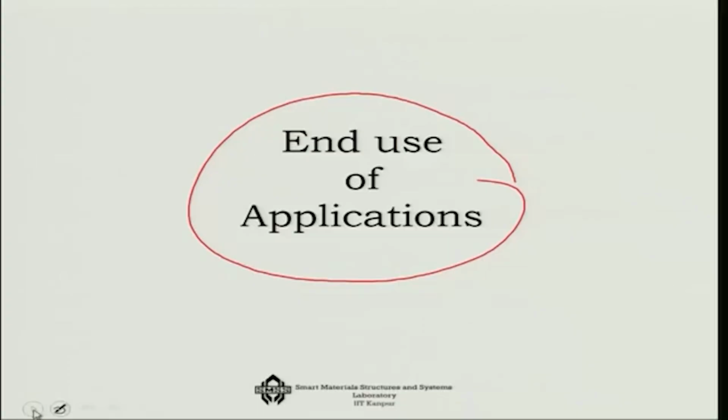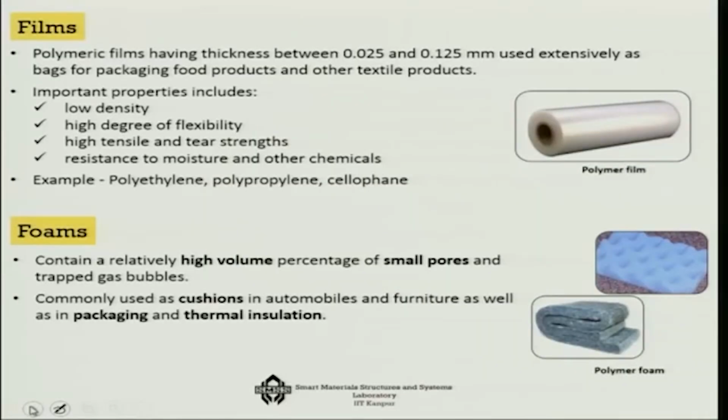Now let us try to categorize the polymers on the basis of the end use of applications. Okay, let us see what are the end uses of a polymer. The first end use is in terms of films. Polymeric films you will get in various sizes in the market, from 25 micron to 125 micron thin films that are used for packaging food products.